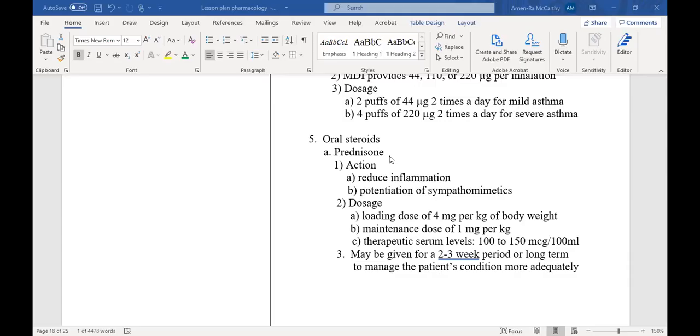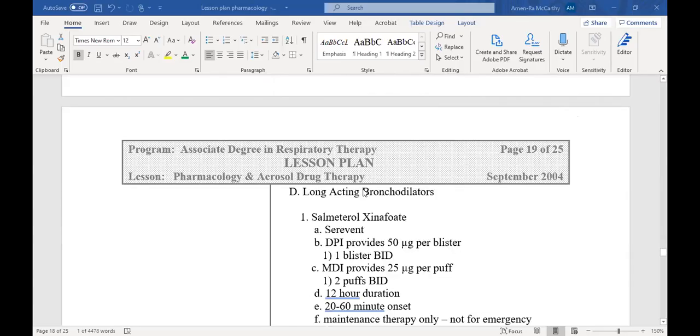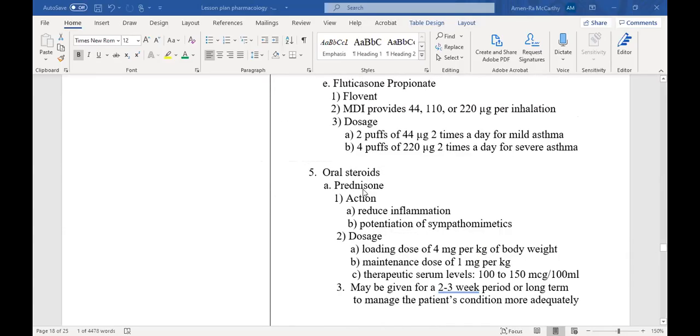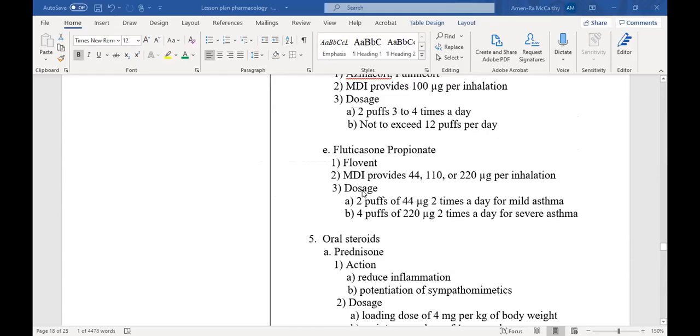And we can give oral prednisone for a 2 to 3 week period or long term to manage a patient's condition more adequately. All right, guys, that is a lot of stuff you learned today. You learned a couple of different categories. You learned the sympathomimetic category. You learned the xanthine category.